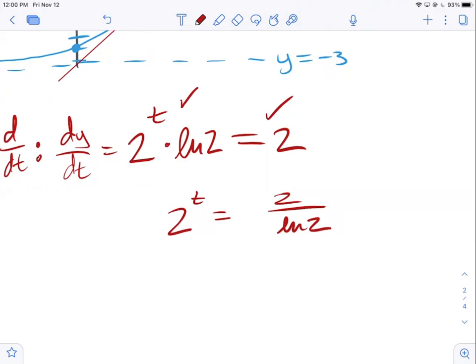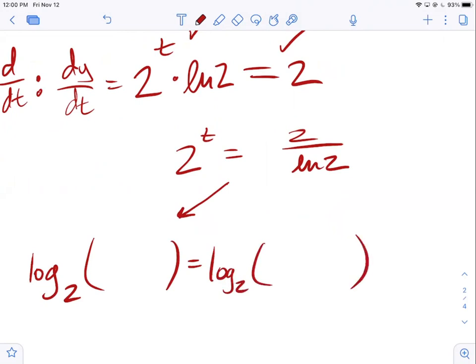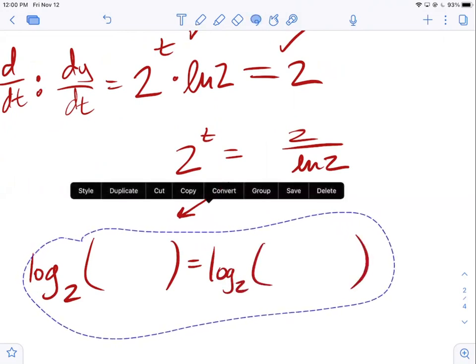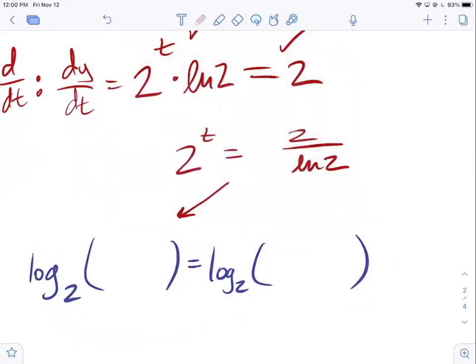Now, since it's base 2, let's look at it 2 different ways. You could take log base 2 of both sides. Okay. Log base 2 of both sides. So then that would be 2 to the t, and then 2 over the natural log of 2.